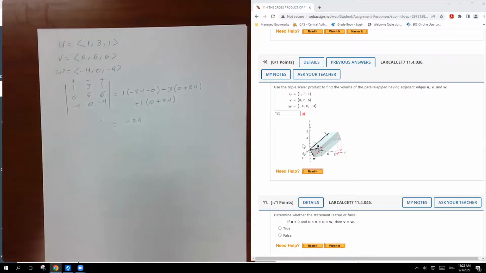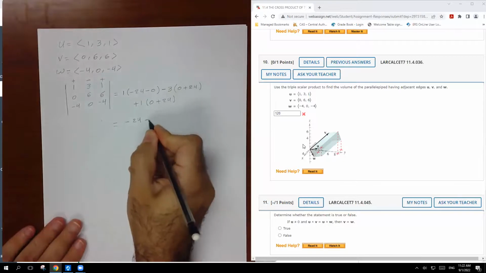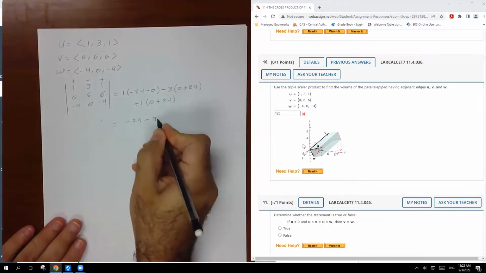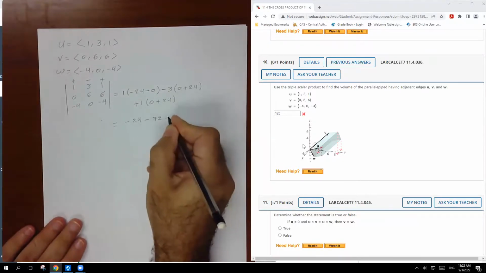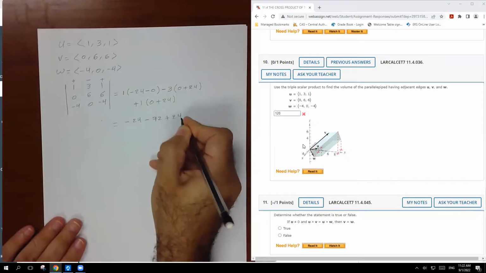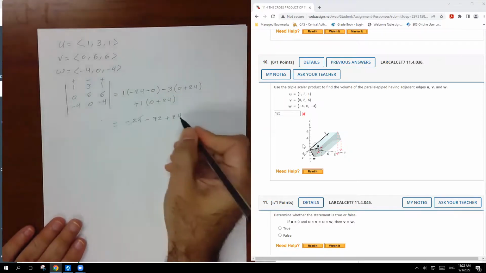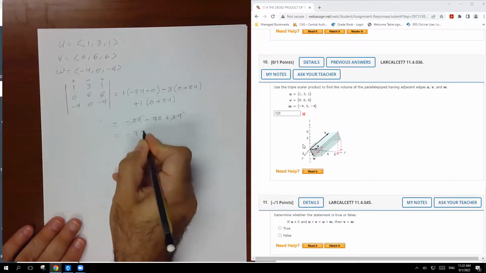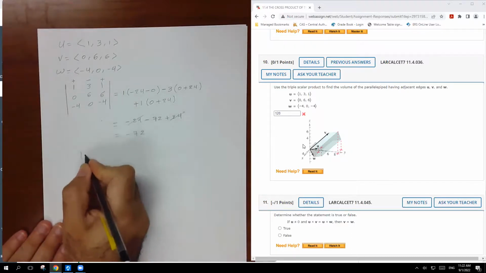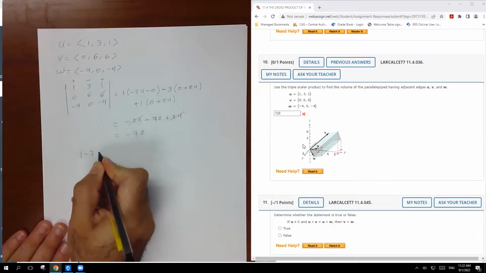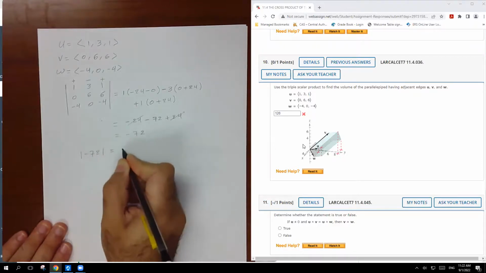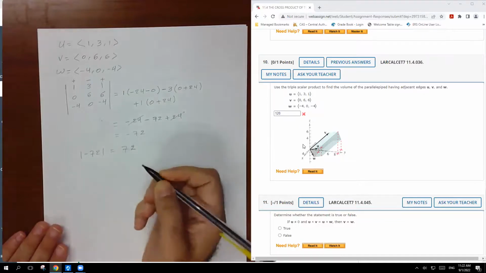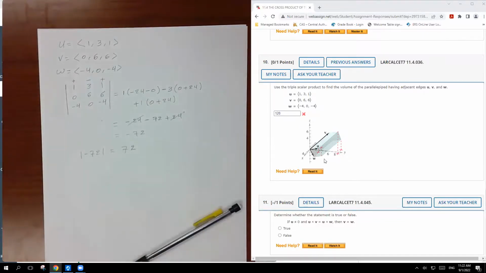So it will be minus 72 plus 24. This one with this one is 0. So it will be negative 72. The absolute value of negative 72 is going to be 72. Let's try this one.